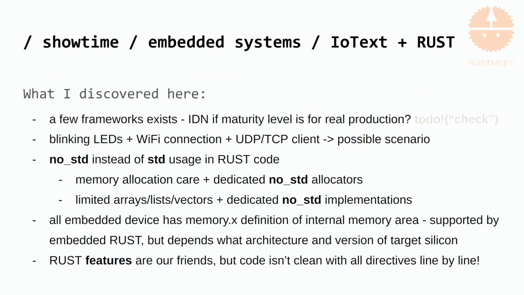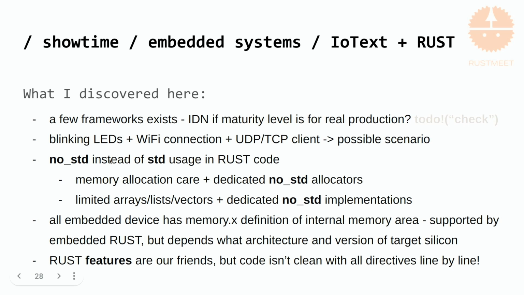All right. So what I discovered after this comparison, or a few checks for Rust for some embedded systems, when I wrote my protocol for embedded systems, there are a few frameworks, but the maturity level, I don't know, is enough for production.